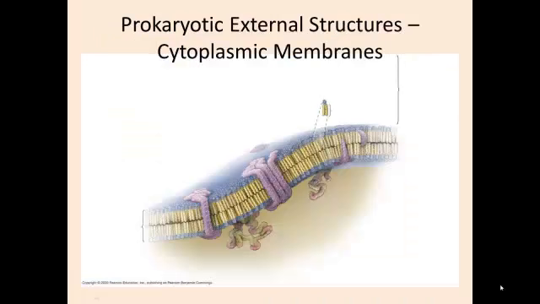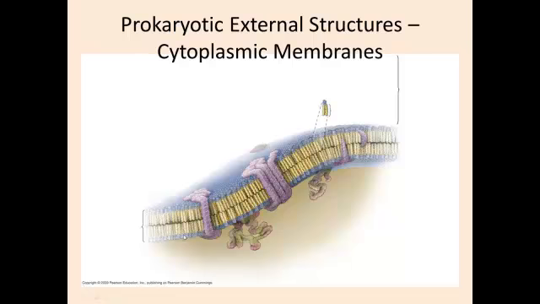The last structure on the outside of a cell is the cytoplasmic membrane. Bacterial cytoplasmic membranes are mainly composed of a phospholipid bilayer. Phospholipids, as you may remember from Biology 201, have a hydrophilic or water-loving head, shown here as little round balls. They have two hydrophobic or water-hating tails, shown here.